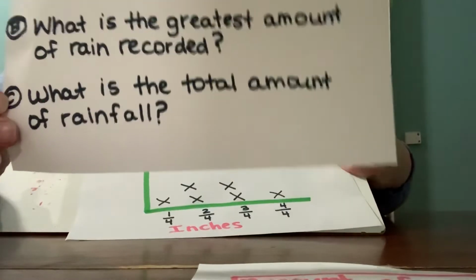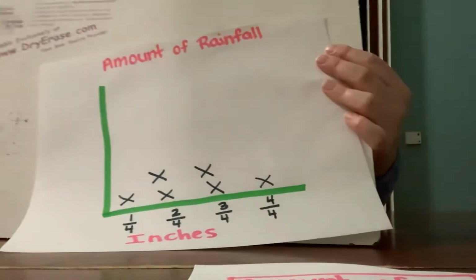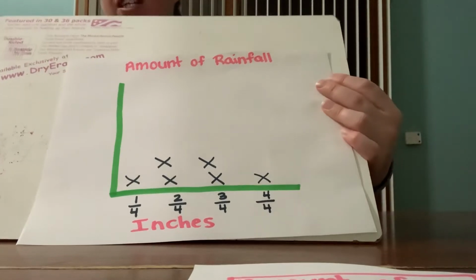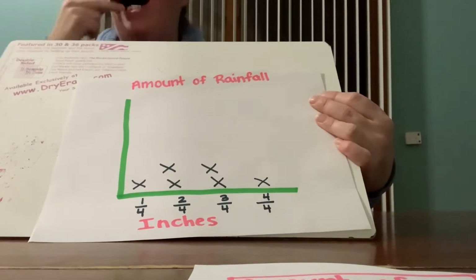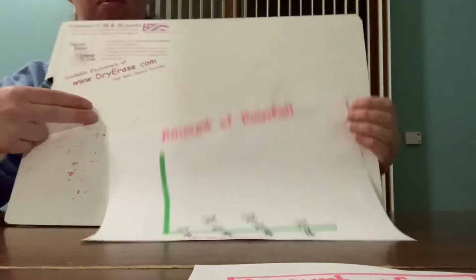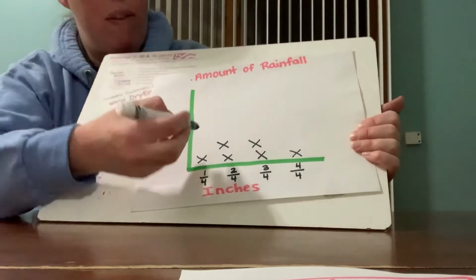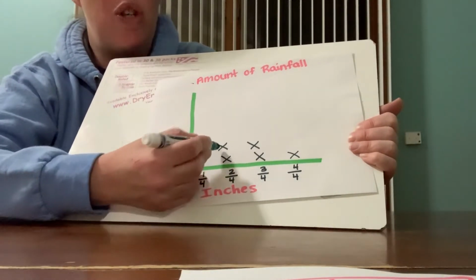And finally, this is going to take a little more time. What is the total amount of rainfall? It would like me to add all of these fractions together to get a total. So I know you've been practicing with multiplying unit fractions, but you can also do repeated addition if you're not comfortable. So I need to add 1/4 plus 2/4.